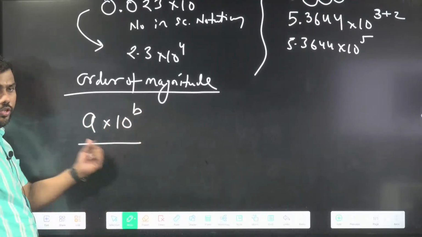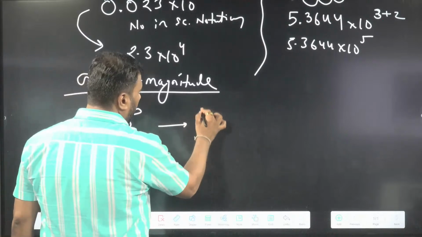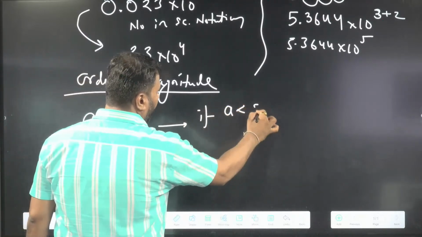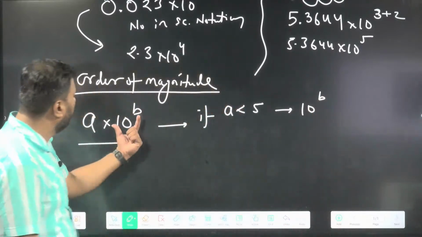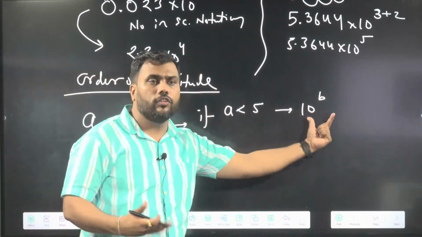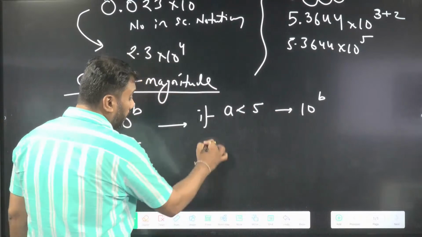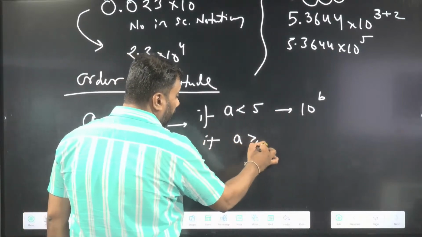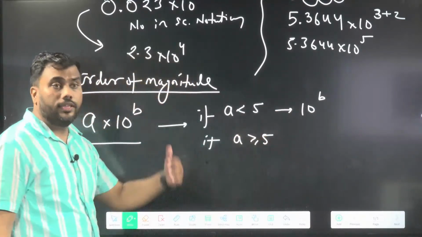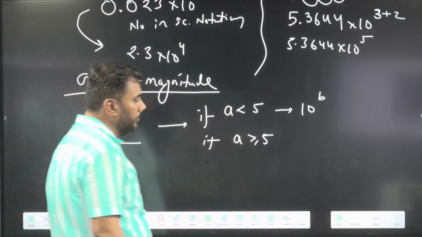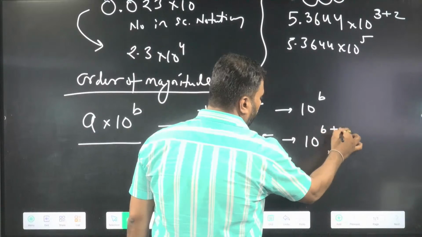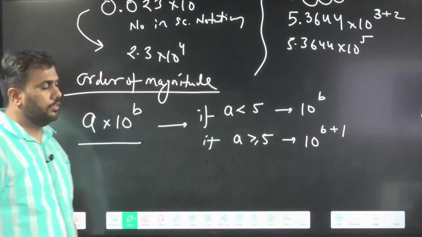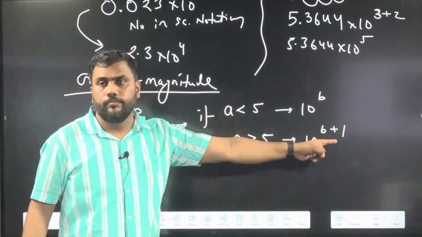Suppose our physical quantity is given in scientific notation, and if A is less than 5, then the order of magnitude is 10 to the power b. But if A is greater than or equal to 5, then the order of magnitude is 10 to the power b plus 1. Just add 1 to the power.